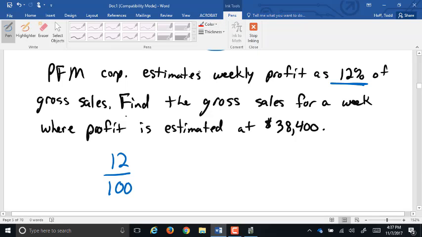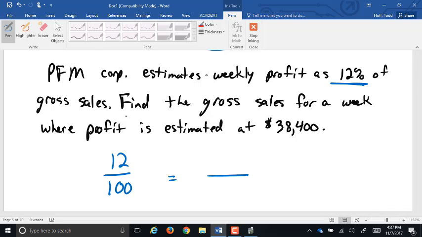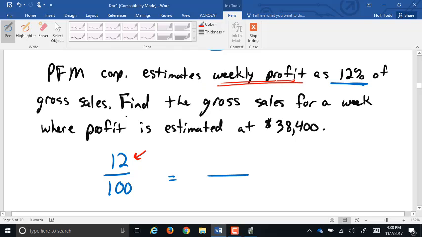Before I start filling in the other side of this proportion, I'm going to label what the 12% represents. Well, the 12 is the weekly profit, estimated at 12%.